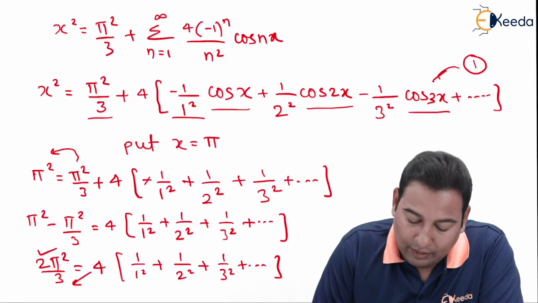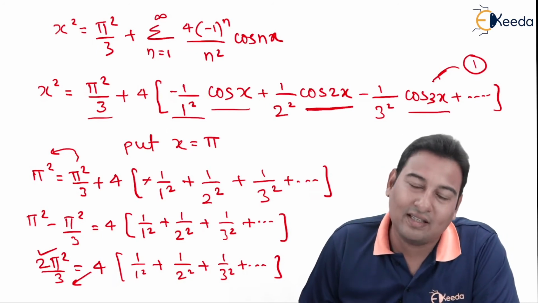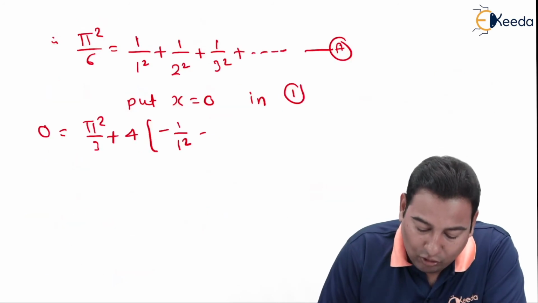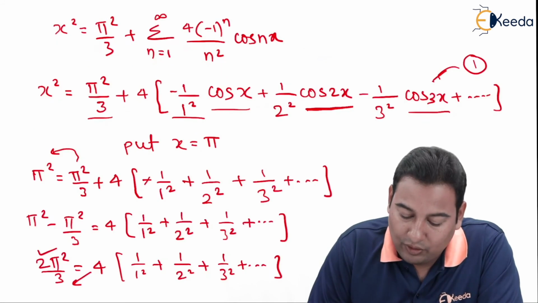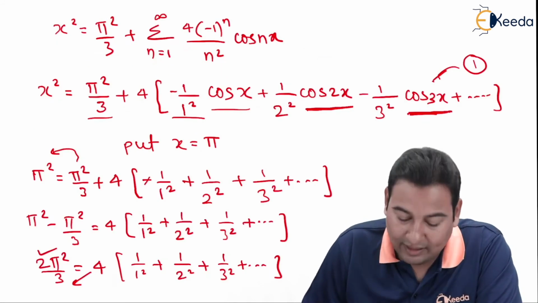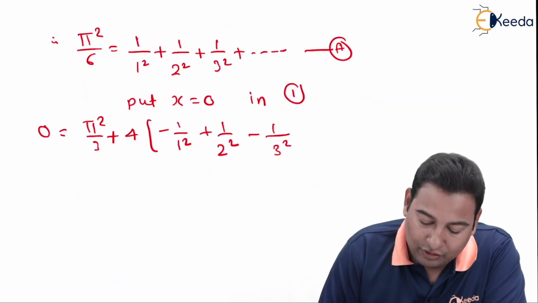Next term, if we put x equal to 0 in cos 2x, that will again become cos 0 and cos 0 is 1. Therefore, we'll get plus 1 upon 2 square. See here we are getting alternate plus minus signs. If we substitute in the third, that is cos 3 into 0, that is again cos 0, we'll get minus 1 upon 3 square plus dot dot dot.